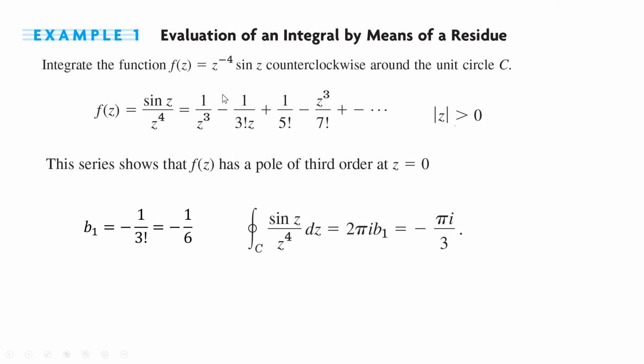And then we look at the coefficient of 1 over z minus z naught, or 1 over z in this case. And that coefficient is negative 1 over 3 factorial. And only that one is important for this integral. And therefore, we write that integral equal to 2 pi i times that factor. That factor is negative 1 over 6. So we write 2 pi i times negative 1 over 6, so it becomes negative pi i over 3. So this gives us a very fast, powerful means of integration.